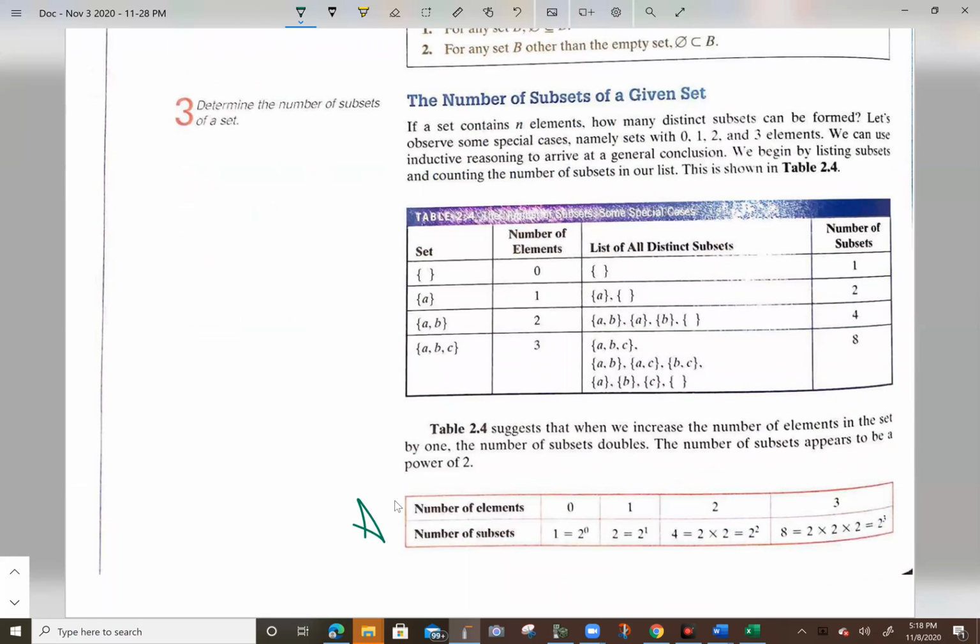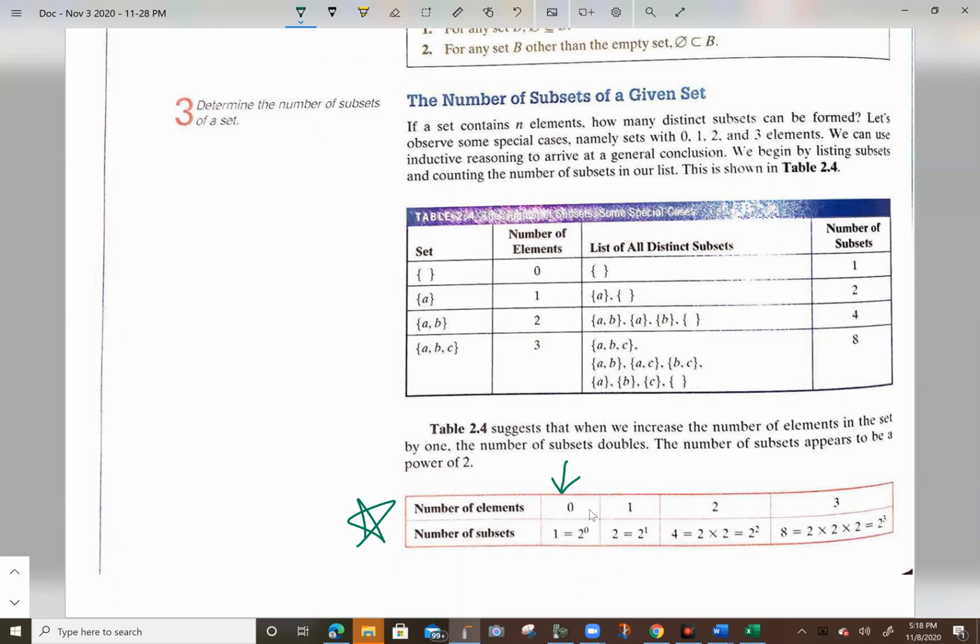This table is important. It's a way to figure out the number of subsets a set has. You look at the number of elements a set has, you make it the exponent with a base value of 2, and that will give you the number of subsets.